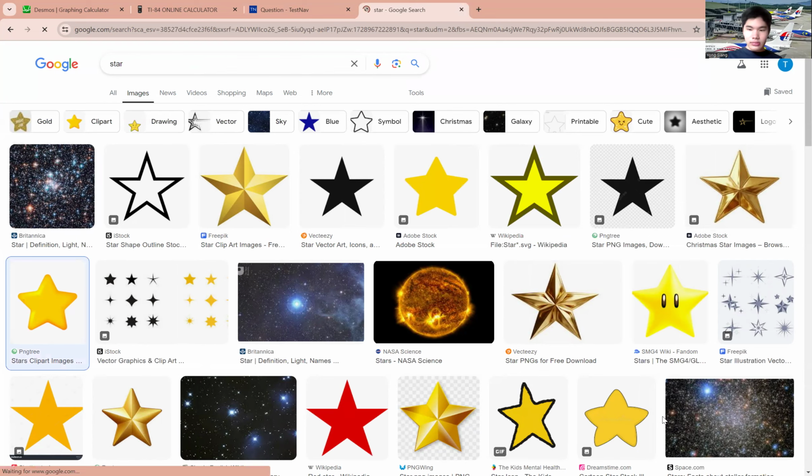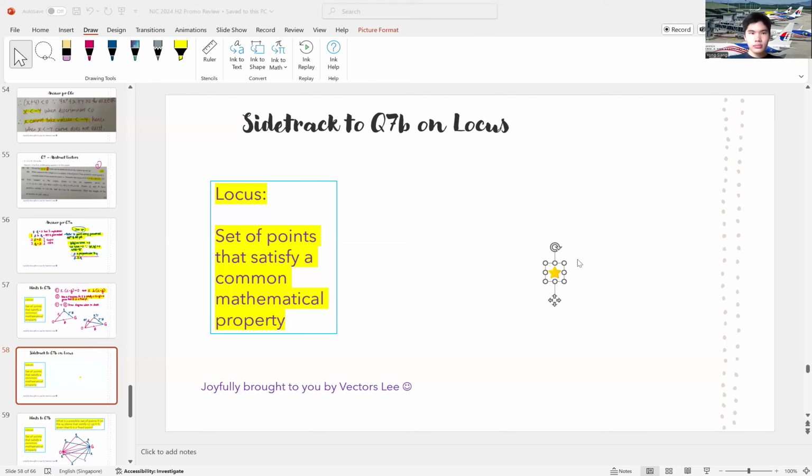Give me a while, my computer is not functioning. I don't know why. Okay, so I successfully copy pasted a star from the image over here. Okay, so let's say I'm going to talk about this.